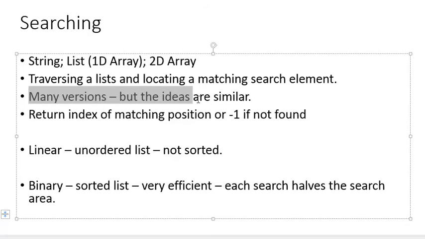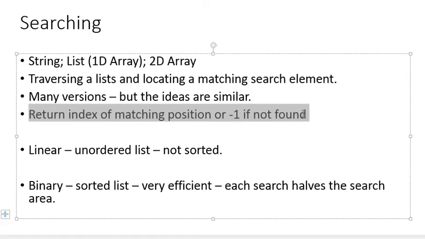Now there are many versions of linear and binary searches, so the ones you may see in textbooks might be a little different, but the basic idea is the same. For our example, I'm going to assume that we return the index, that is the position of where the matching item has been found, and I'm going to return the first one that I find, and then the algorithm is going to stop.